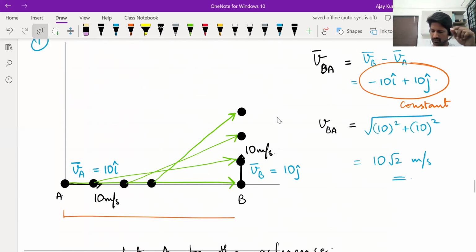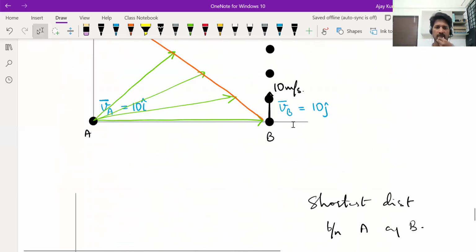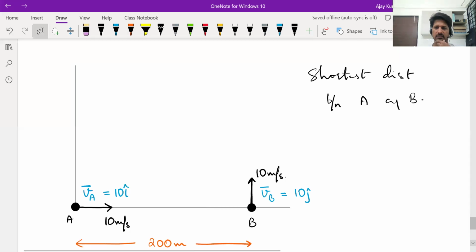Initially they were at 200 meters distance, that's fine. But sometime later, if you look at this vector, it doesn't seem as long as the first vector. So the effective distance between A and B decreases up to a certain extent. So I want you all to find out the shortest distance between A and B.